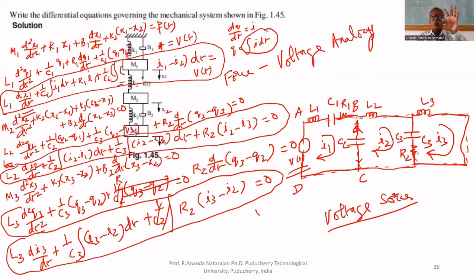What is the difference between voltage source and current source? Ideal voltage source, ideal current source. When can we say a voltage source is an ideal voltage source?